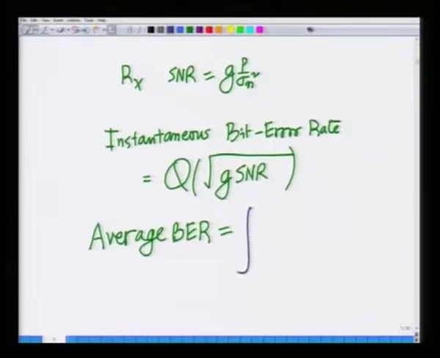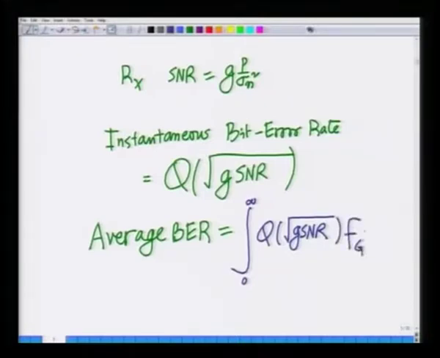So, the average is simply given as integral from 0 to infinity of Q of square root of G SNR times f(G) dG. Look at what I am doing over here.